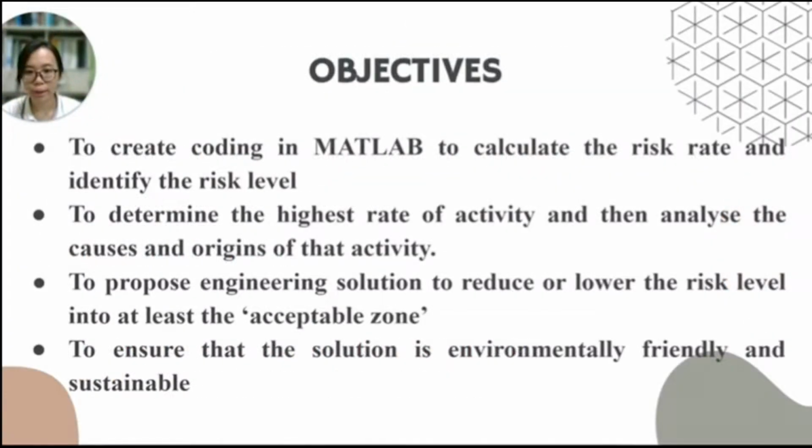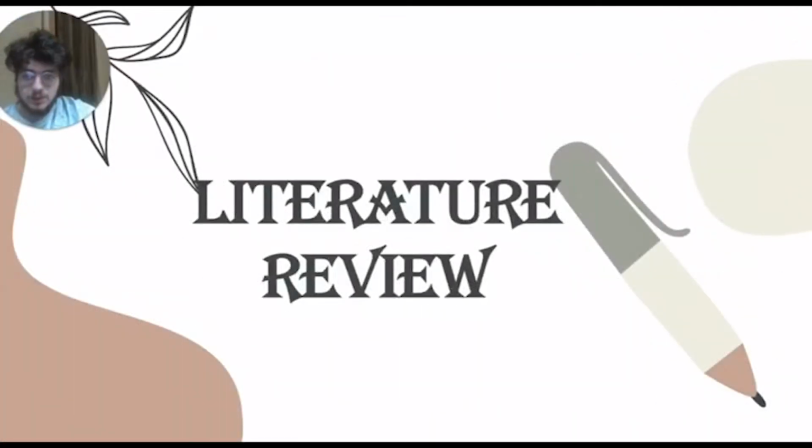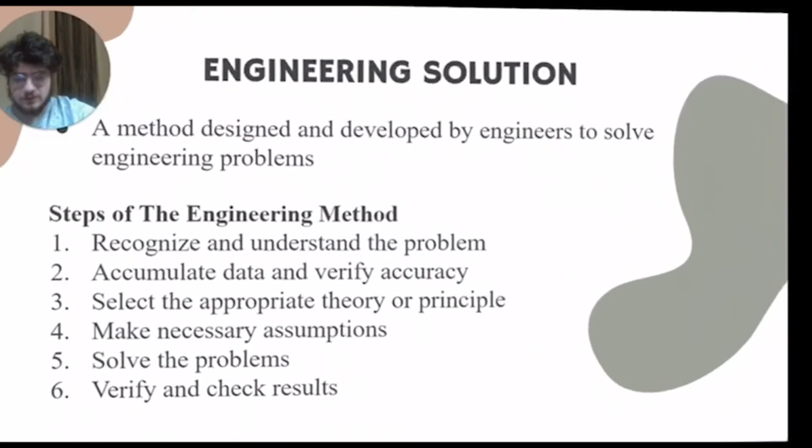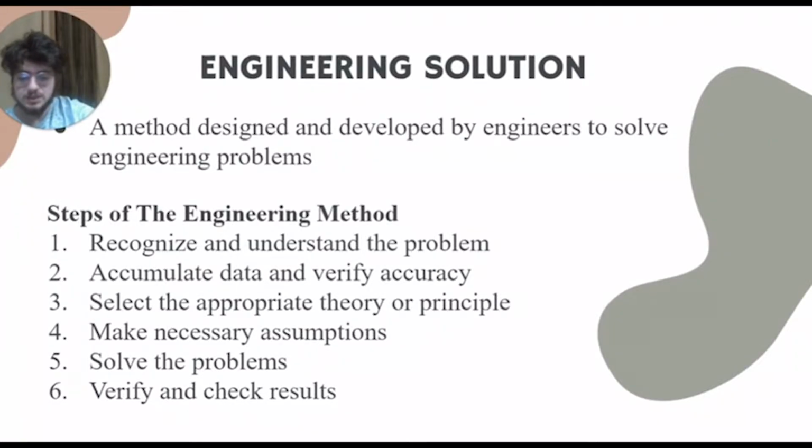The objectives are to correct the coding in MATLAB to calculate the risk rate and identify the risk level, to determine the highest rate of activity and then analyze the causes and origins of that activity, to propose an engineering solution to reduce the risk level into at least the acceptable zone, and to ensure that the solution is environmentally friendly and sustainable.